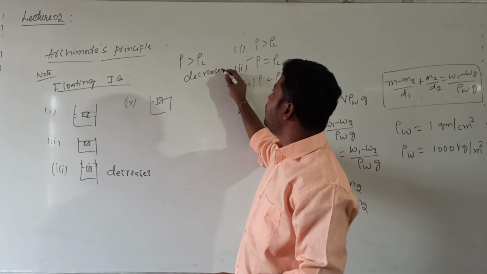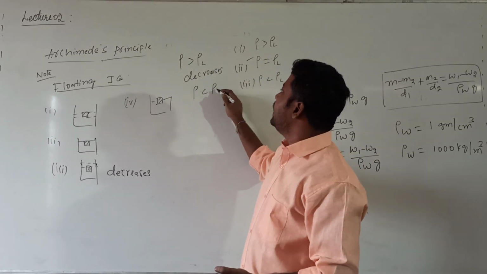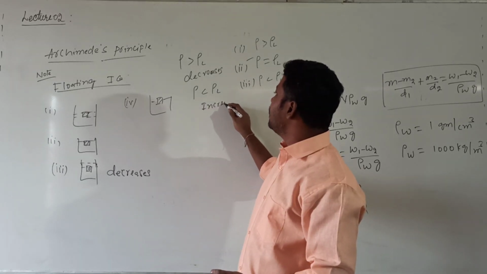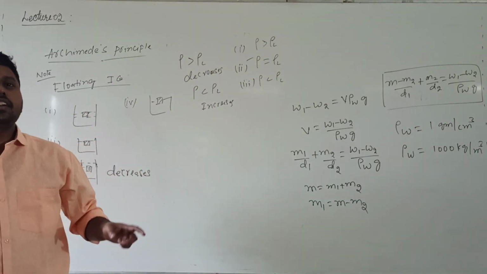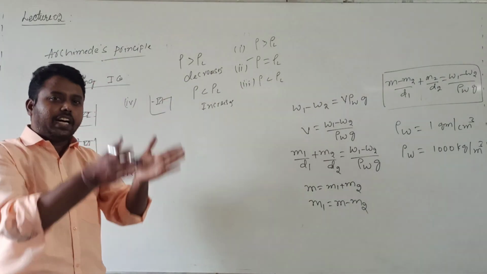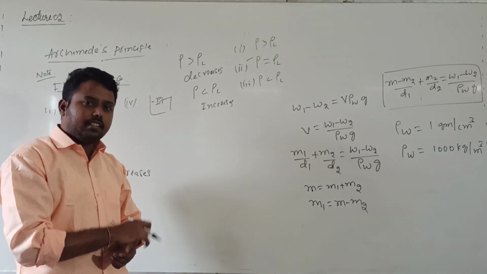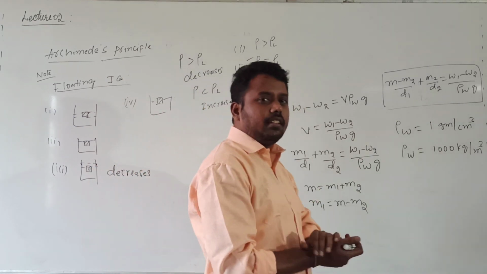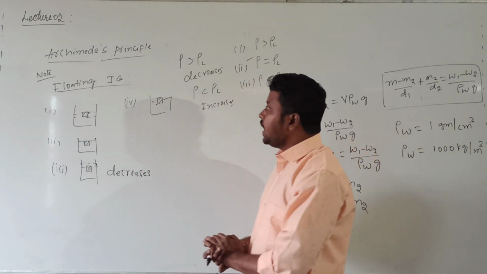You will come to know still more by seeing some applications. Where density value is less than the density of the liquid, the level will increase. Can you remember? The floating object's density will decide. So what happened to the final level of the liquid in the container? Will it increase or will it decrease? Frequently, many questions are asked based on this concept. Okay, so this is for floating ice.